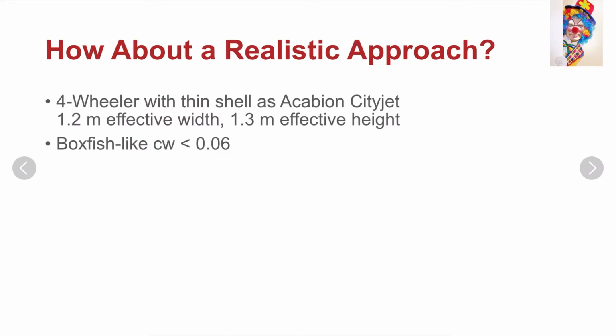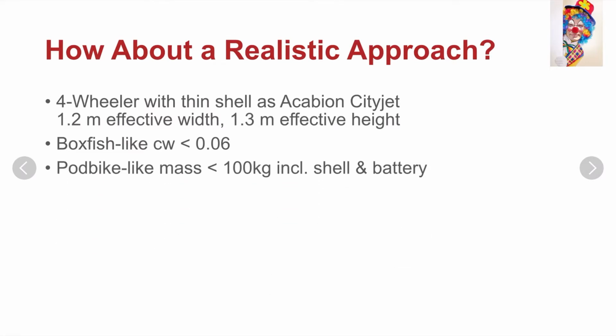A box-like fish drag coefficient, so I'm not assuming 400s, I'm assuming 600s here. And I'm assuming a pod-like mass, so not 60 or 70 kilogram, but 100 kilogram. I think this is an appropriate assumption. And also Podbike-like rolling resistance of 6,000 here.